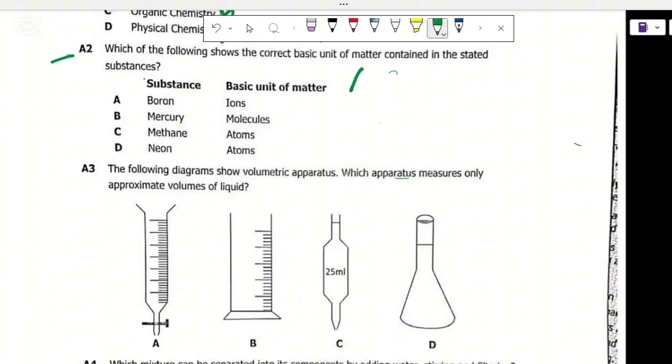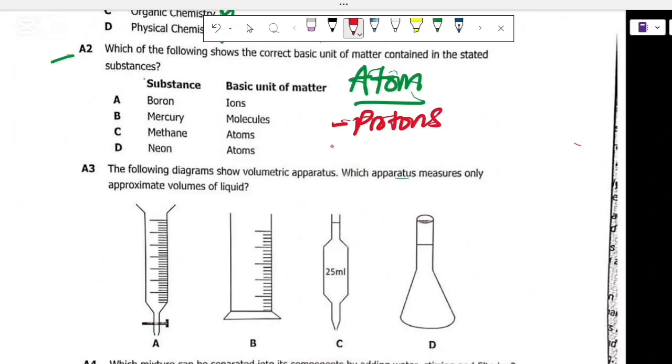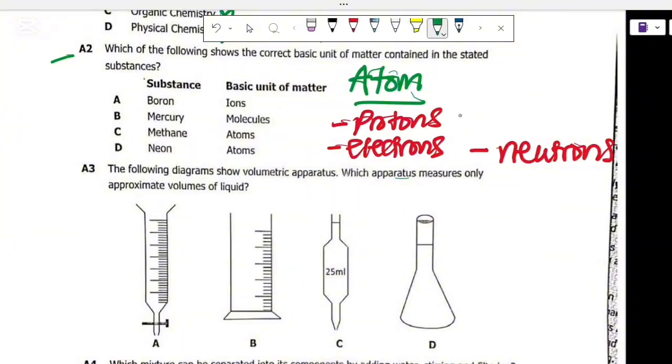When you are talking about an atom, it contains particles. It contains what we call protons. It contains what we call electrons, and it also contains what we call neutrons. Three key parts of an atom: protons, electrons, neutrons. And you have to understand that protons are positively charged particles.